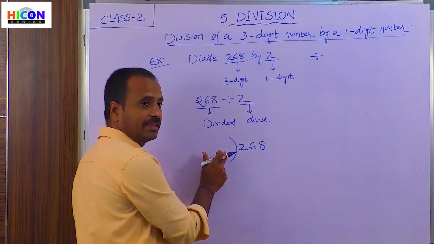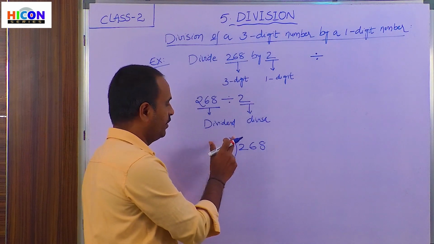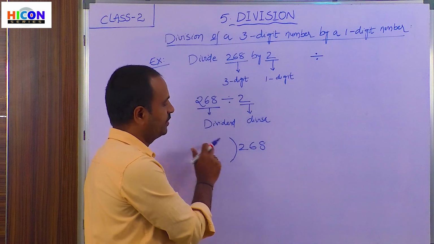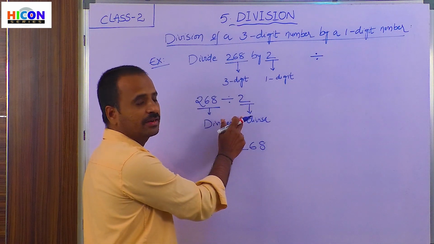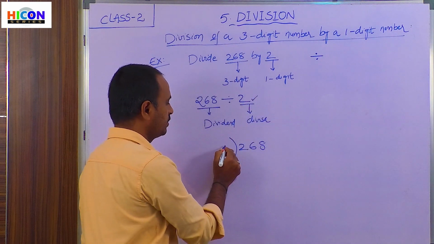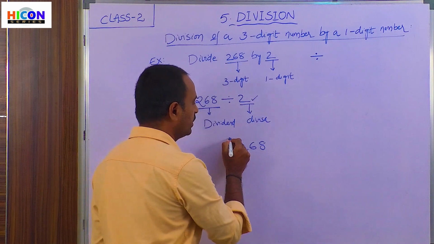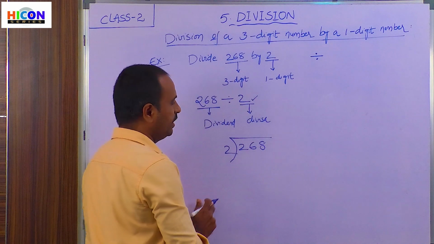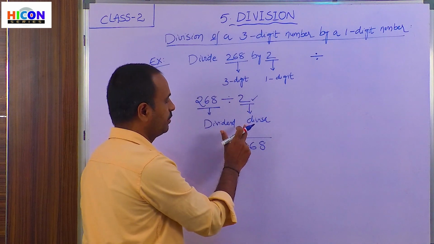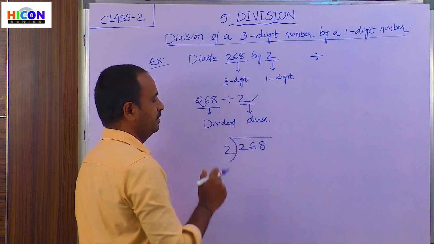Now what do we write in this left side bracket? We write the divisor. What is the divisor here? 2 is the divisor. So write 2 in the bracket, and draw a line above the dividend. On this line we have to write the quotient.